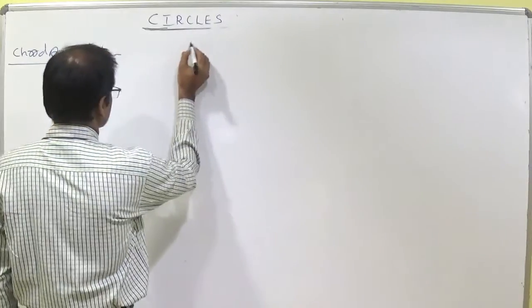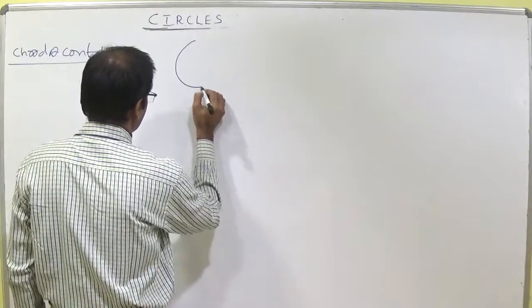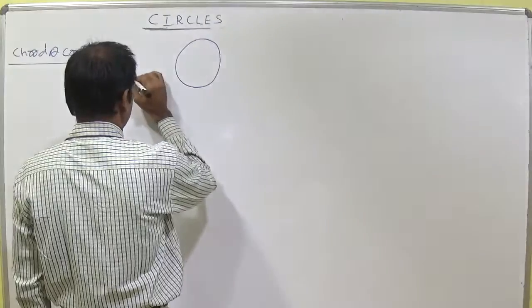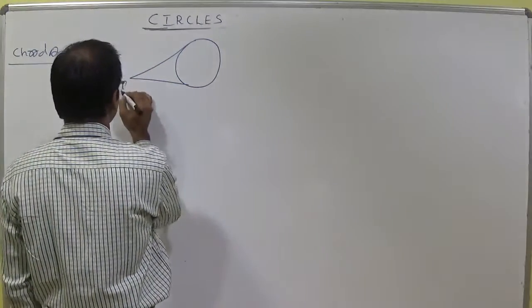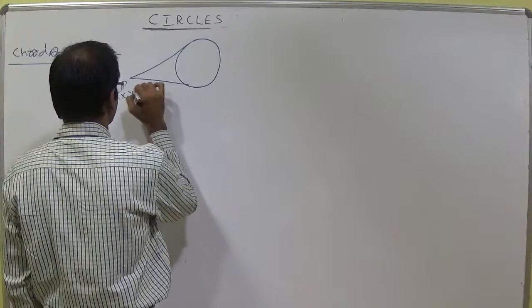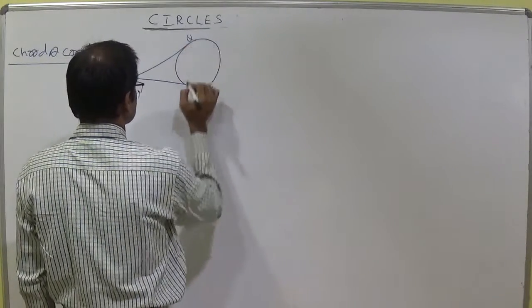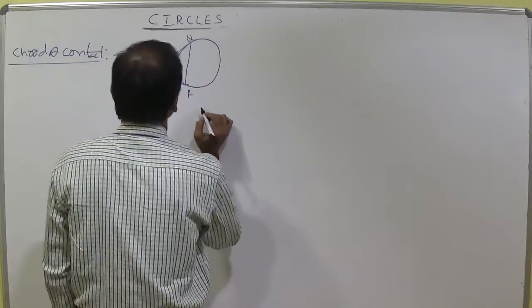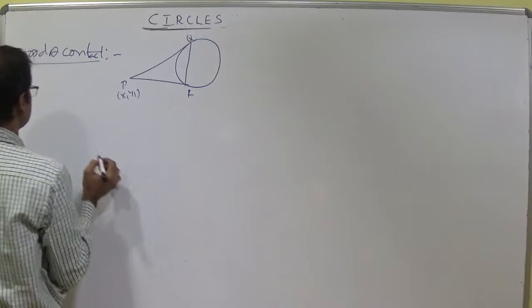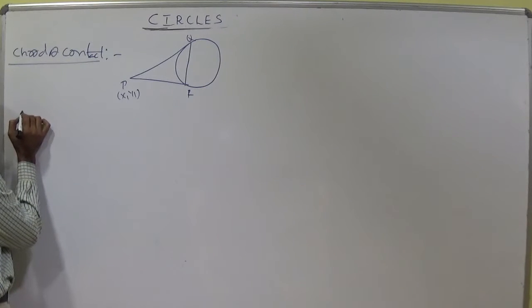So first of all, we can draw the diagram, later we will write the definition. This is P, x1 comma y1. This is Q, the point of contact, and this is R. That's all. Now write the definition.